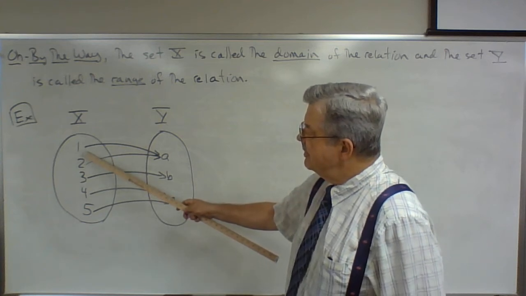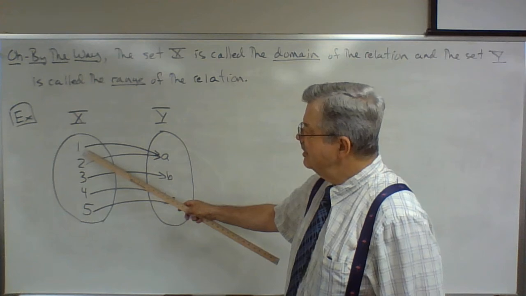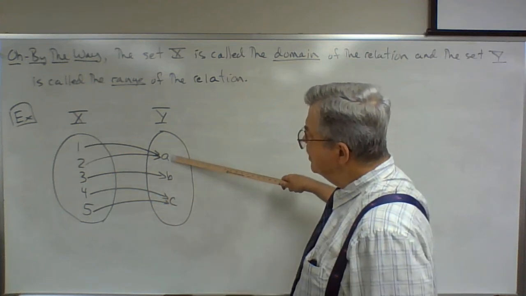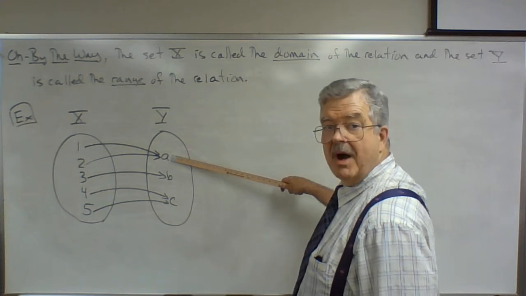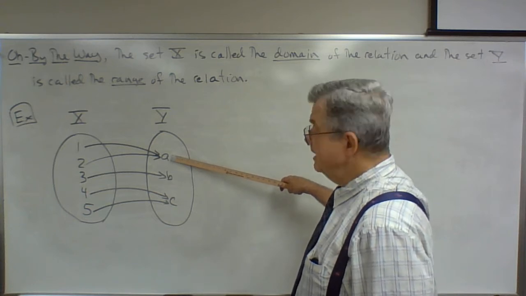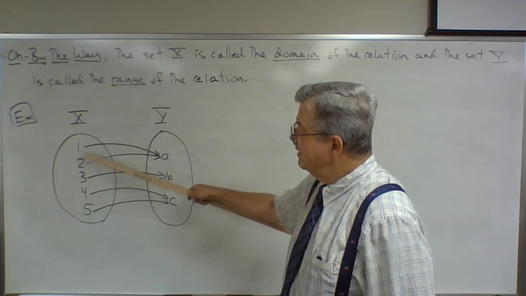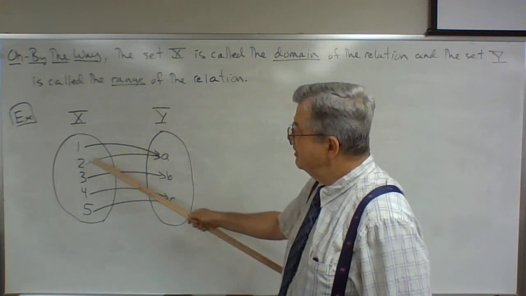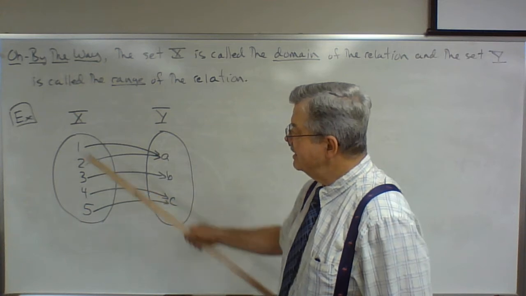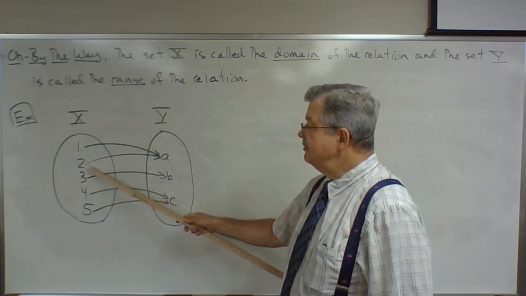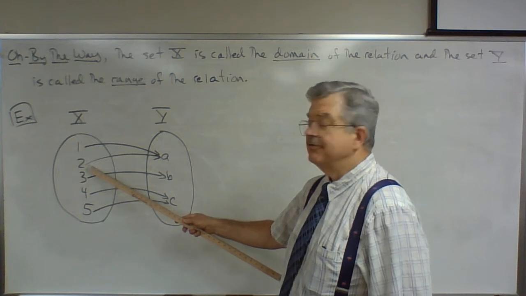Here's an element in the domain x. Does our rule assign to the element 1 at least one element from y, the range? Yeah. It assigns the element a in our range to the element 1 in the domain. What about the element 2 in the domain x?